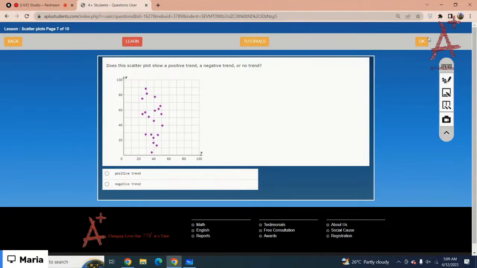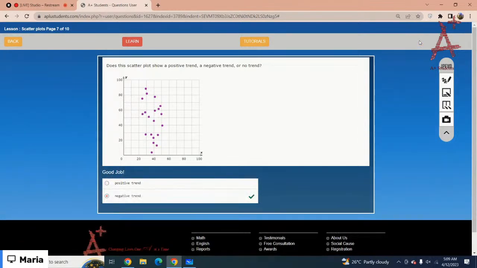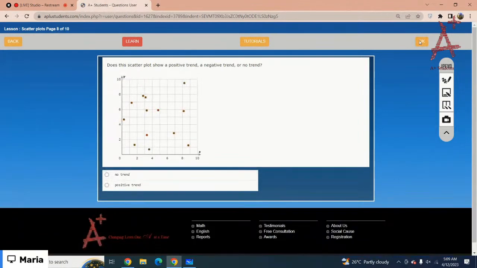It would be a negative trend. Got it? As x values are increasing, y values are decreasing, so it shows a negative trend. Does the scatter plot show a positive trend, a negative trend, or no trend? The graph is so scattered, so it shows no trend. Got it?